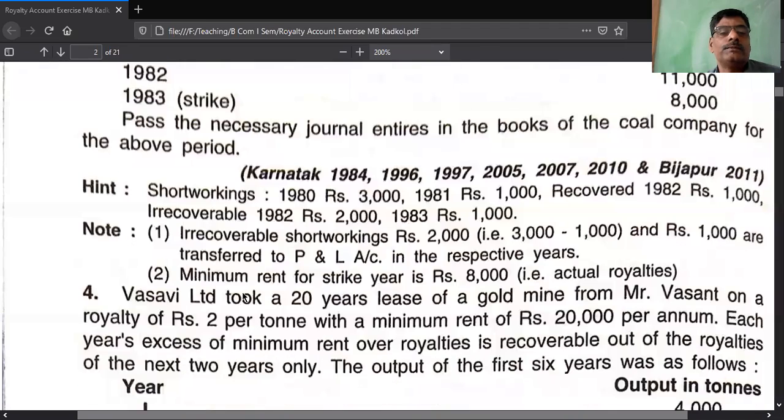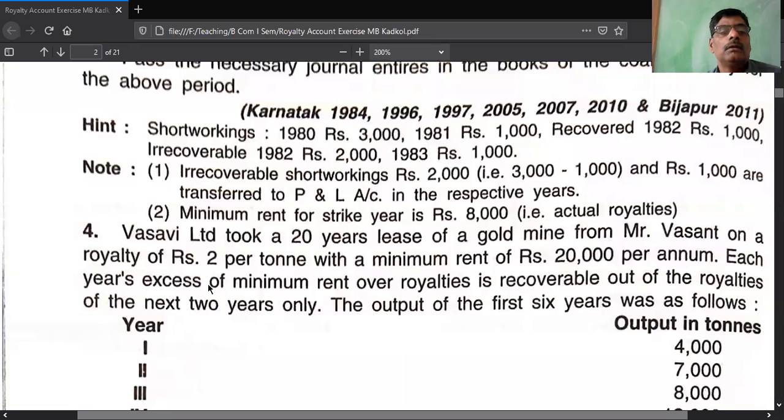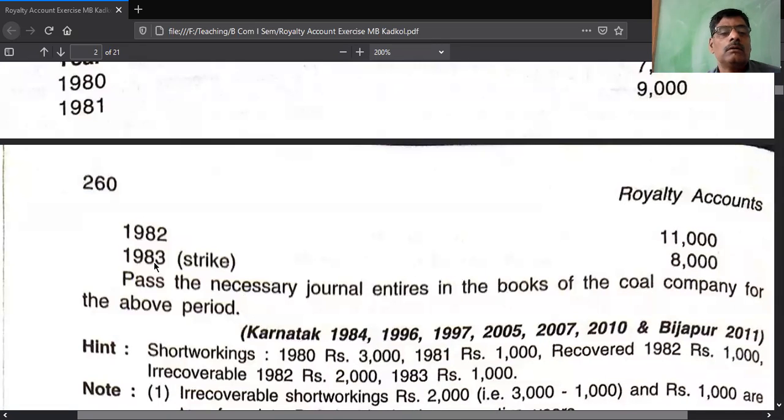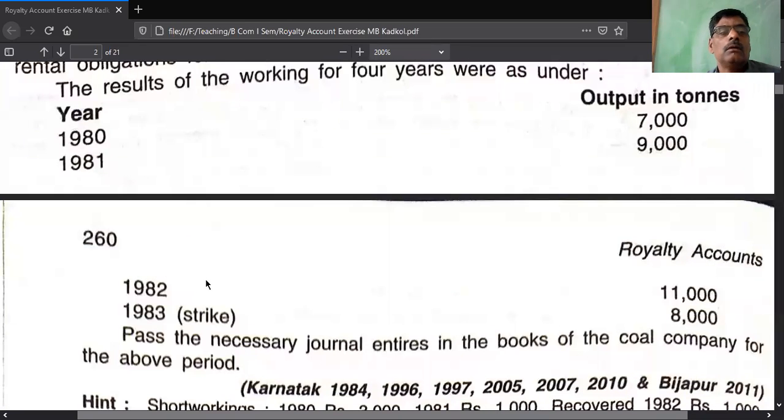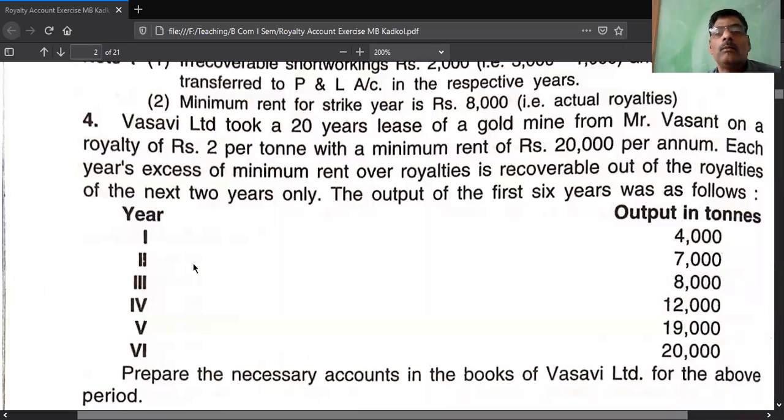And the next is example number 4. In example number 4, 20 years is the period of royalty. Rate of royalty is rupees 2 per ton. Minimum rent 20,000.